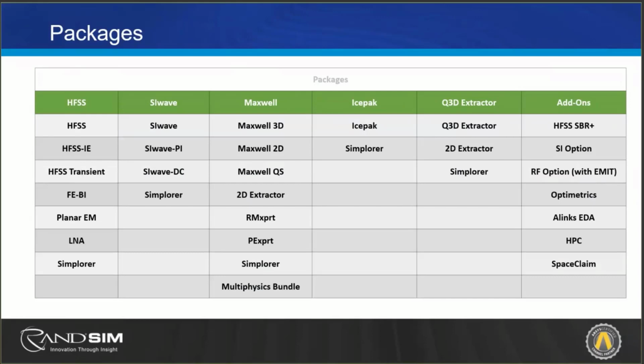So I can purchase one initially with the idea that I'm using it for HFSS, but as my workflows evolve and I need structural analysis or CFD analysis outside of Icepak, I can still use those HPCs to speed up mechanical simulation, which is a great addition.